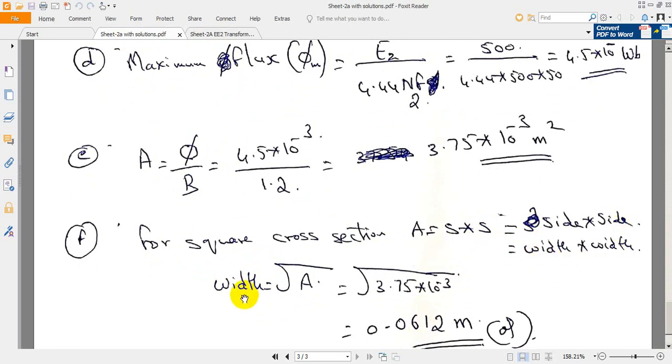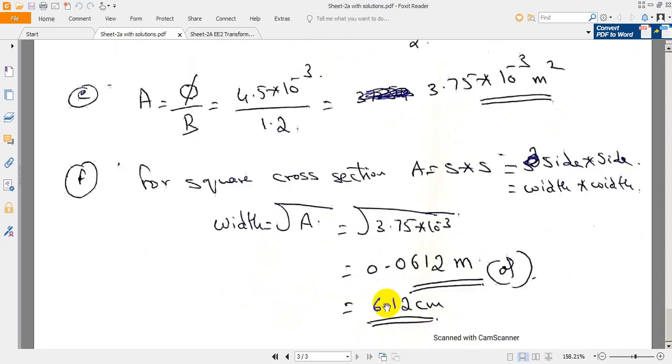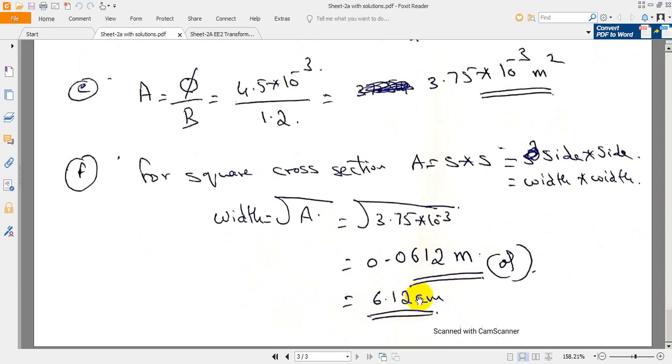So width is equal to the square root of the area. The square root of this area is 0.0612 meters, or simply 6.12 centimeters. This forms the width of the core, 6.12 centimeters.